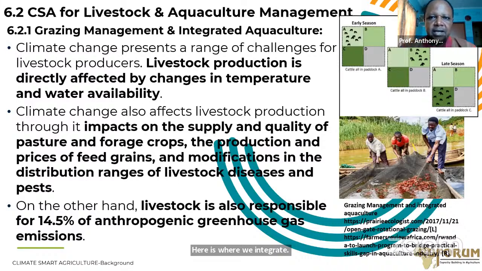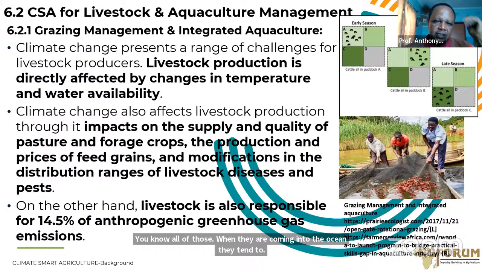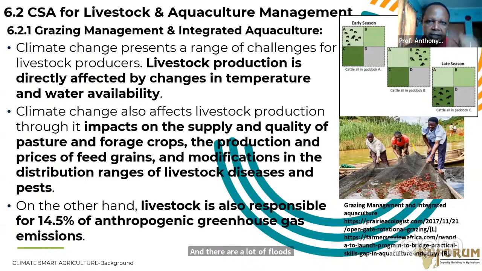In deltas, whether you're talking about the Niger River or the Nile Delta, in India the Ganges, the big rivers, in the US the Mississippi River, all of those, when they're coming into the ocean, tend to slow down and there are a lot of floods. In Kenya, we also have the Tana River.